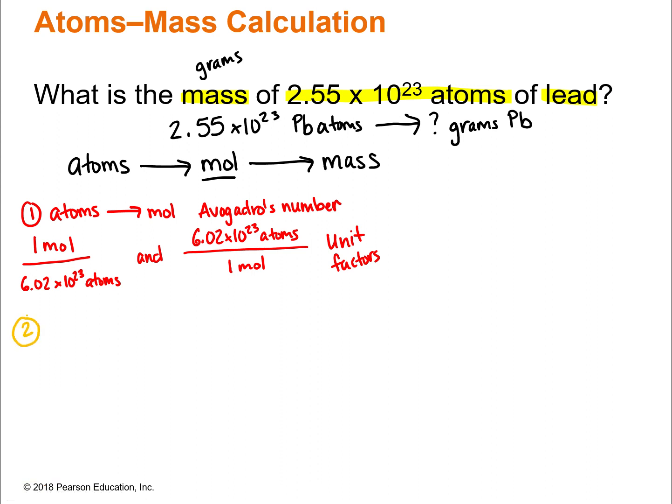For the second part of our calculation, we're going to take the moles and convert to mass. We'll need molar mass for that. Since we're just talking about lead, lead is an element on the periodic table.